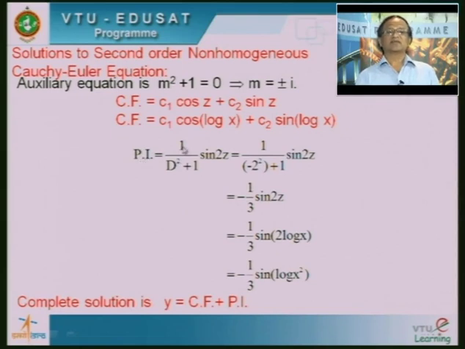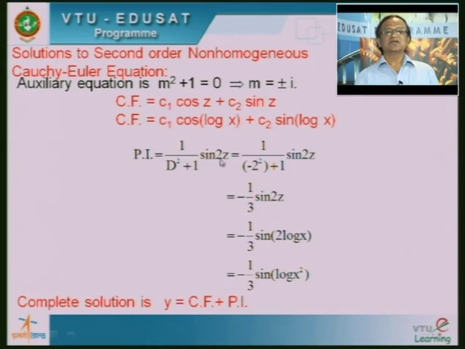So, particular integral is equal to 1 upon f of d. What is f of d? D square plus 1 into sin 2z. So, that is equal to, again I want to recall the formula for 1 upon f of d sin of ax plus b. As I have mentioned, I have to replace d square by minus a square.